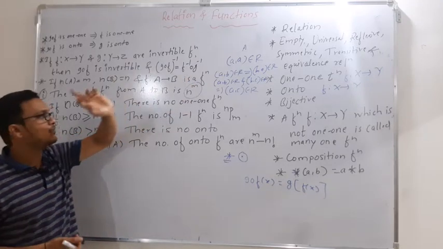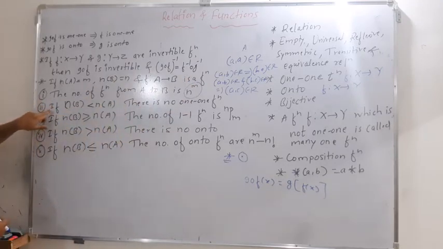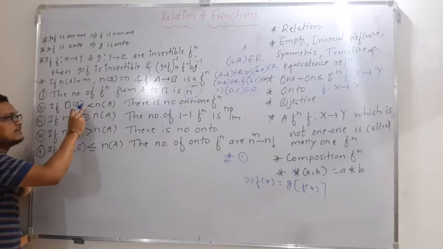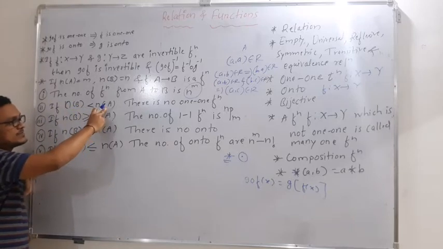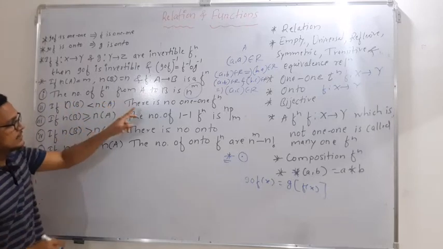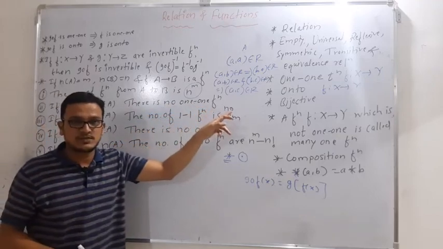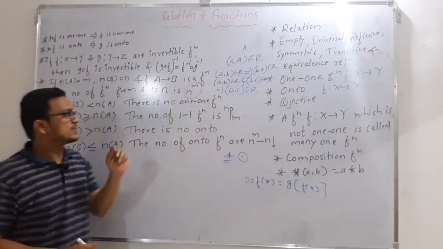Next, if n(B) is less than n(A), meaning the number of elements in set B is less than the number of elements in set A, then there is no 1-1 function.